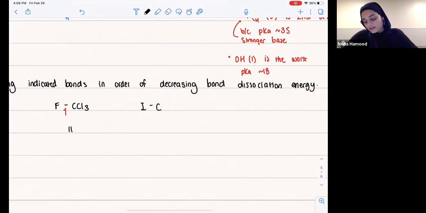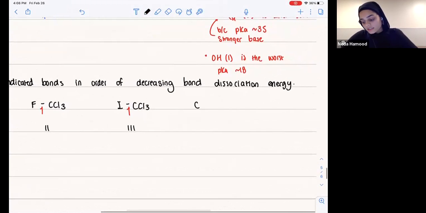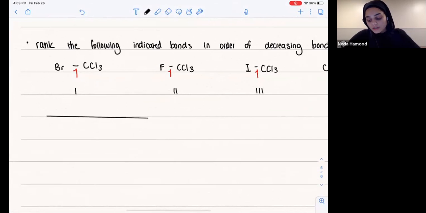Then we have ICCl3, 3. And then we have Cl, CCl3. And we're looking at that bond, and this is going to be 4. So let's go ahead and look at one of our trends.